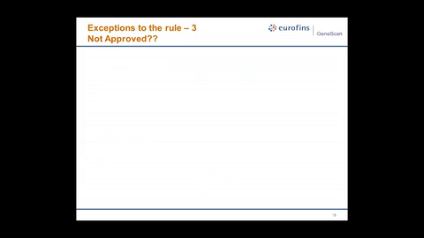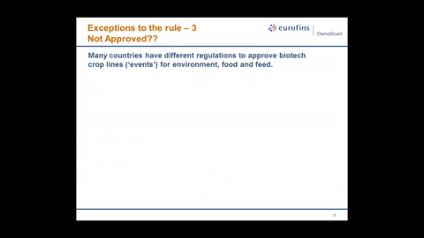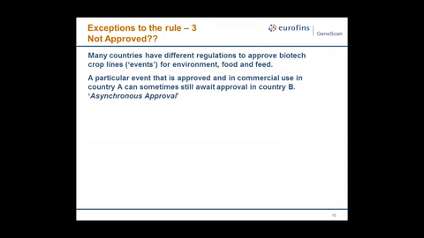And the third exception is for asynchronous approval. In countries that have laws about what biotech crops can be grown or put in food, there are regulatory systems where the trait provider submits a new crop saying this is what we want to sell, and the wheels of government turn slowly.